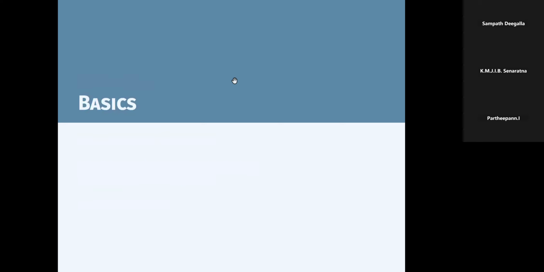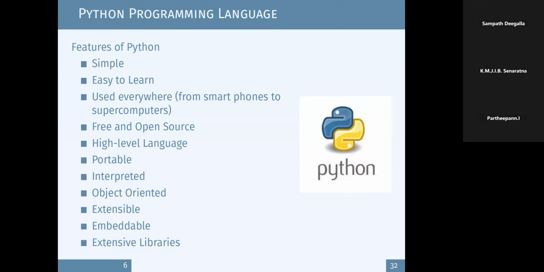So we looked at the basics in Python. We discussed the importance of the Python programming language, why it has been number one for some time now and is quite popular even with non-programmers.